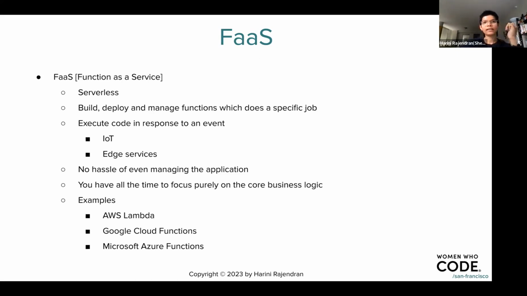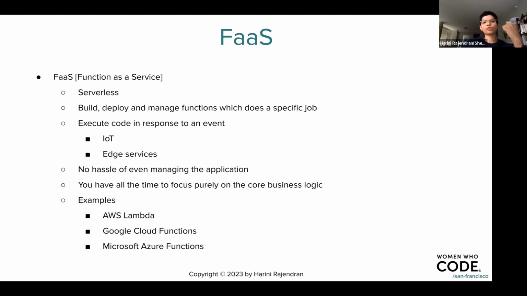So let's say all these IoT devices and edge devices, they actually generate huge high volume events. So if there is some function that has to be invoked for each event, let's say when you measure the temperature, some event has to happen, which could be like sending the data to some server, or notifying someone, or let's say you want some event-based action, then the function as a service model perfectly fits there.